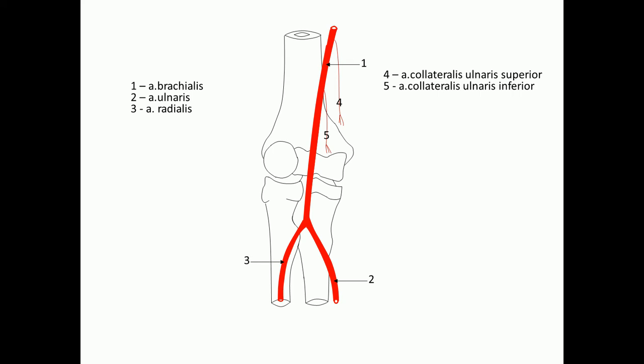This place, where we can find arteria collateralis ulnaris, we can palpate because the sulcus nervi ulnaris is quite painful when we palpate, because superficially under the skin, together with arteria collateralis ulnaris superior, also passes nervus ulnaris.